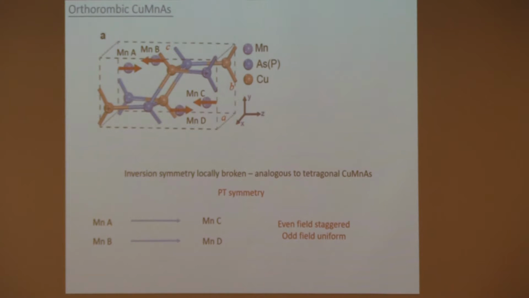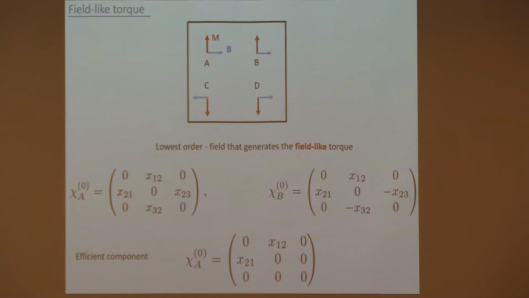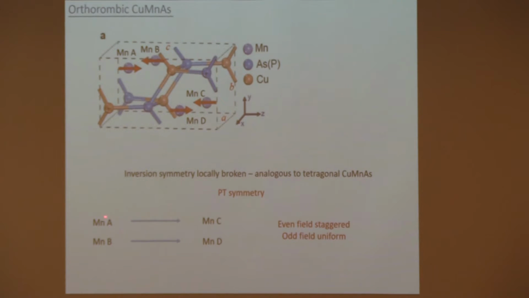But from this symmetry we can say that only the even part of the field can have the proper symmetry for switching this magnetic order efficiently, but this tells us only the relation between these two atoms and these two atoms, but it doesn't tell us anything about the relation between these two and these two.